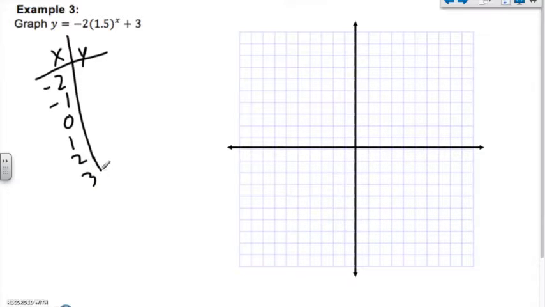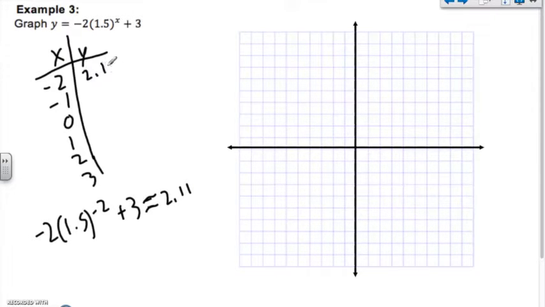And we are going to need to plug into these again. So we would do -2 times 1.5 raised to the -2 power plus 3. And we're going to find out that this is not going to come out exactly. This is going to come out to be about 2.11. So we're going to fill that out.